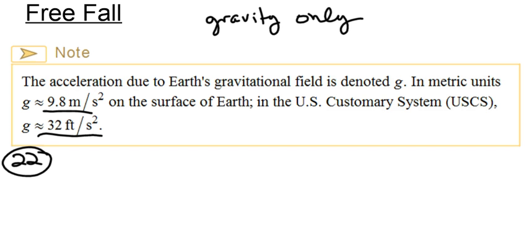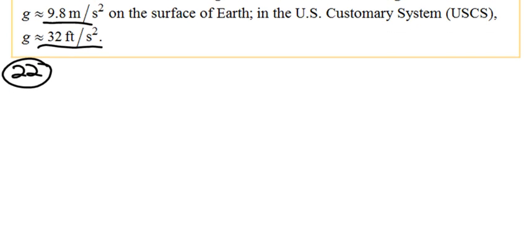So I want to do example 22 from the homework. And they give to us on number 22 that when we're comparing velocities of two stones thrown vertically upward with a matching velocity of 48 feet per second at time equals 0.